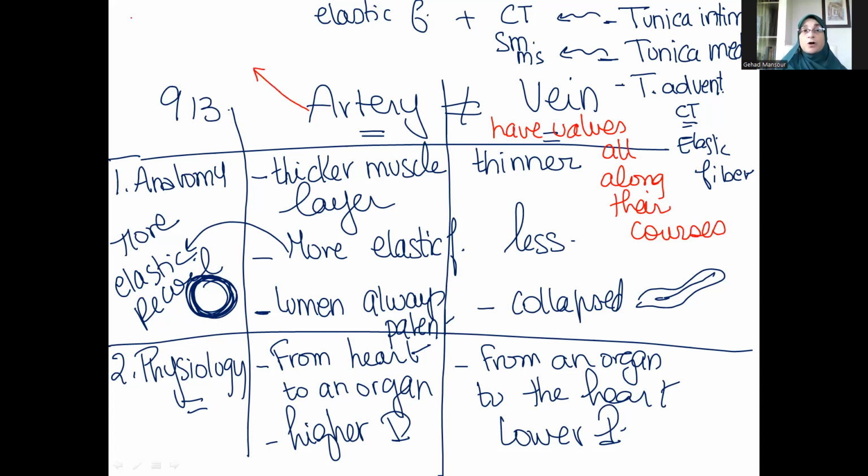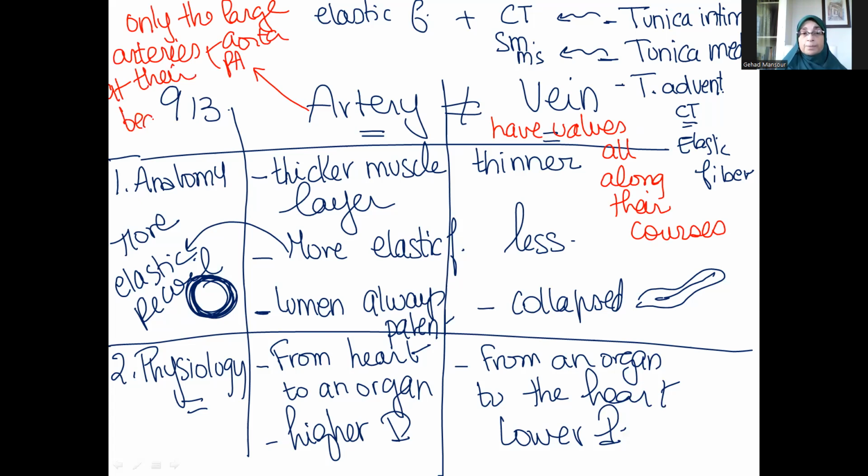Whereas in the case of the artery, it is only the large arteries, like the aorta and the pulmonary artery, that have valves at their beginnings only, not along their courses.